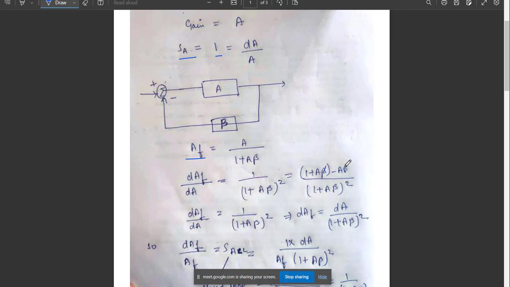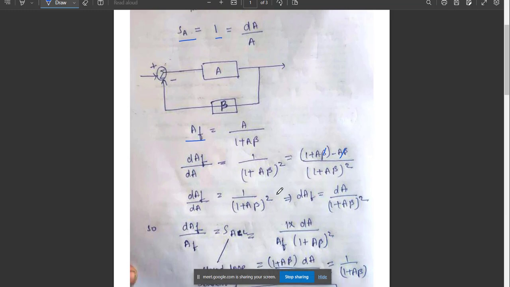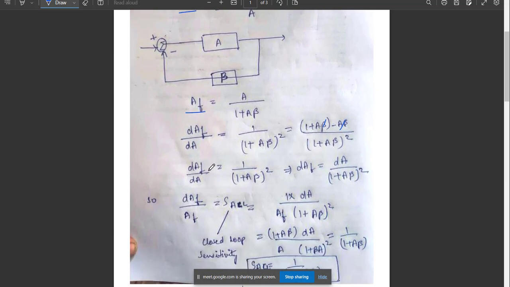So this will cancel out and it will become 1 upon 1 plus A beta whole square, right? That is dAf by dA is equal to 1 upon 1 plus A beta whole square. So dAf will be equal to dA upon 1 plus A beta whole square, right? Any doubt till here?